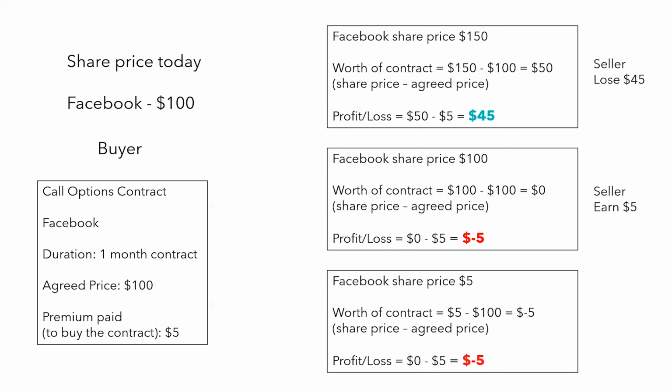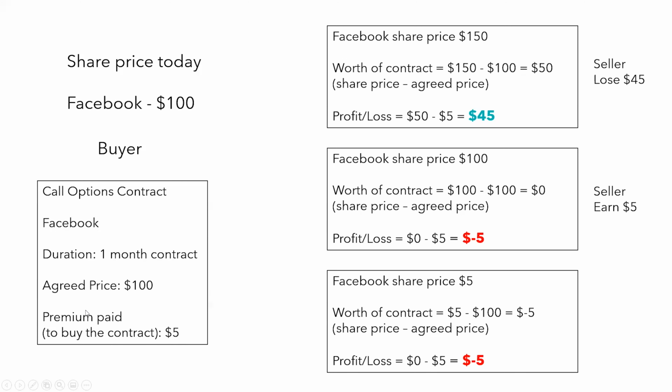Now, my next example, if Facebook share price plunged to $5, the worth of the contract, of course, is not -$95, don't worry. The worth of your contract is still -$5, because this is how much you paid for the contract. That's it.